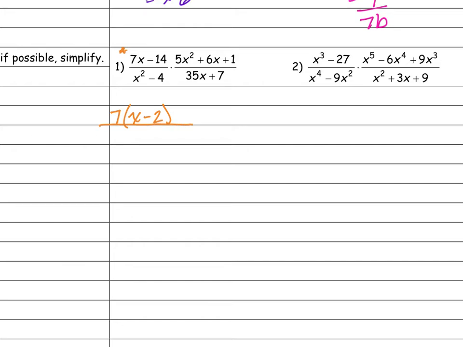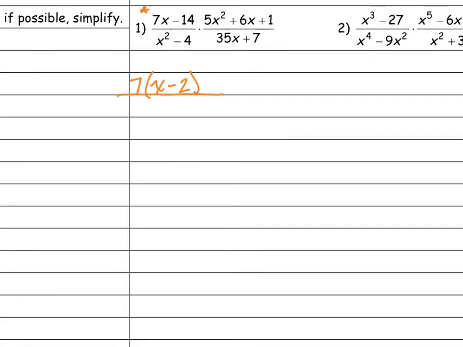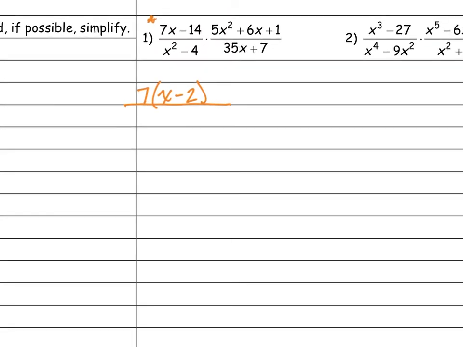And then the bottom of the second fraction becomes x minus 2 times x plus 2. Or if I do something where you don't understand, please make sure you ask a question. Okay, so then that's times.